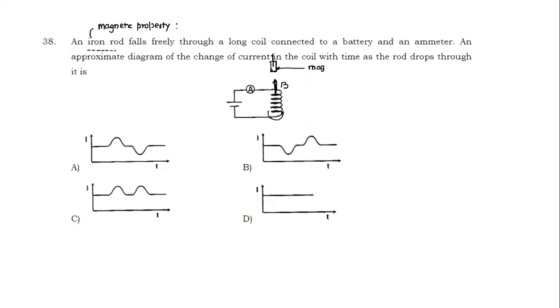So we can think of the iron rod as a coil. It will also have a magnetic field in the same direction. So the iron rod is equivalent to a magnet having its north pole in the upward direction. That's how it will behave. This is the property we need to know: the iron rod becomes magnetized, like a magnet.